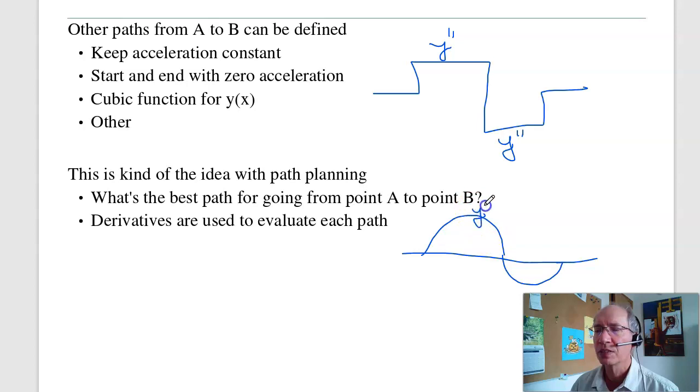So this is y double prime. Find y prime and y. I could do a cubic function for y. Many different ideas. And that's kind of the idea behind path planning. It's what's the best path for going from point A to point B, and to evaluate them, I use derivatives.